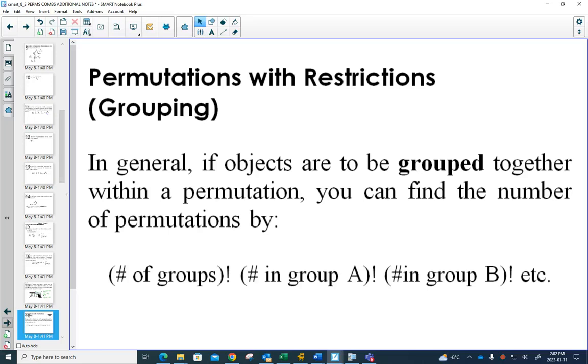Next strategy that was not in our textbook questions is called the grouping strategy. Sometimes you want to count things, but you want to keep certain things together in groups, right?